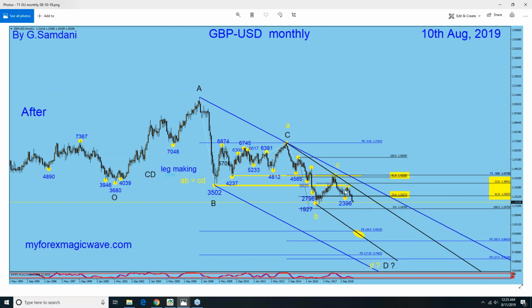We dropped here, we went up a little bit, testing this number, failed, dropped. Right? And powerfully we're dropping, and with any luck, I will probably get my target. It might take another year. Right, but yeah, that's the long distance target. And then don't get me wrong, you go up and down and up and down.